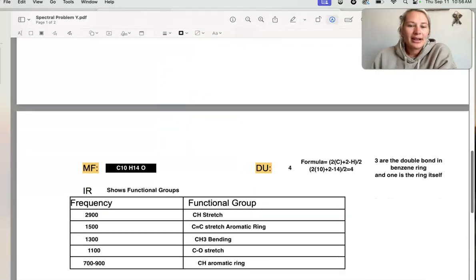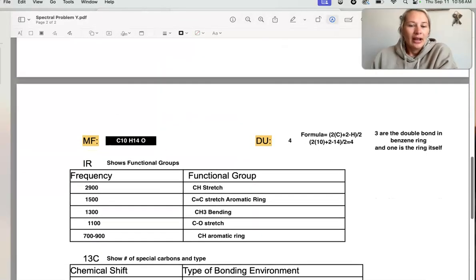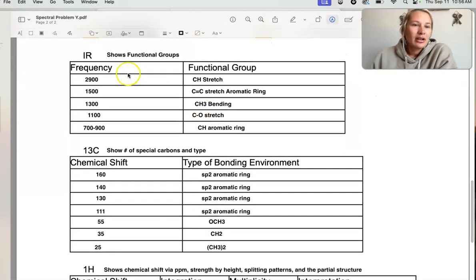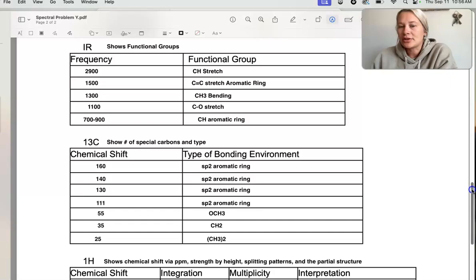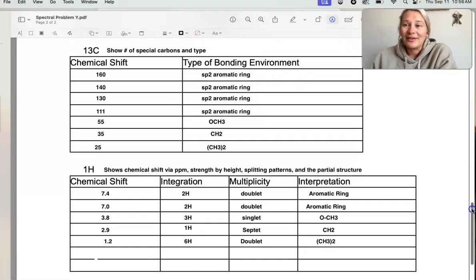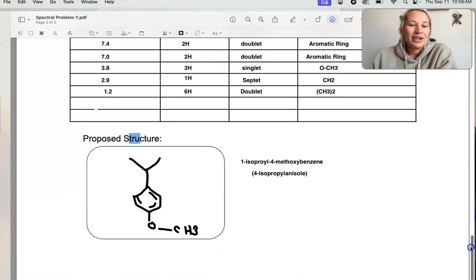So we're going back down here to look at the numbers that I've plugged in from all of the spectra. With all of that knowledge, I was able to draw out a structure that I believe is correct, which is right here.